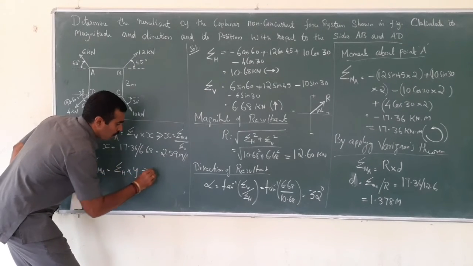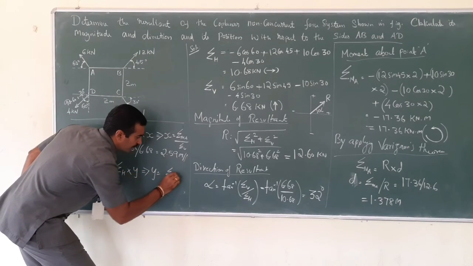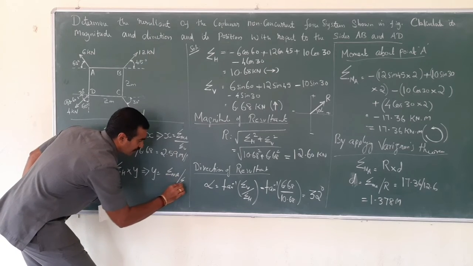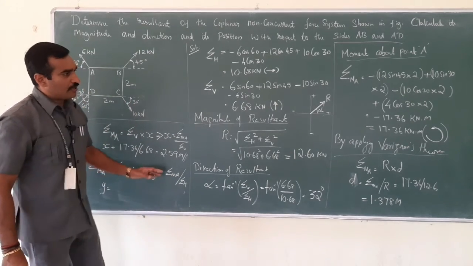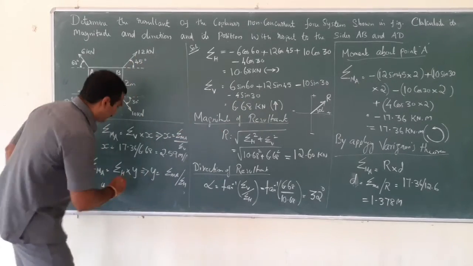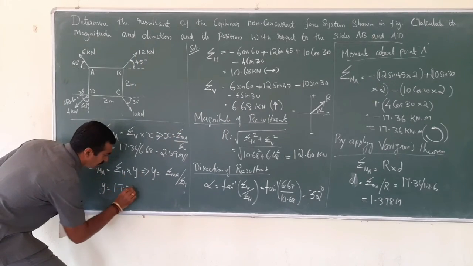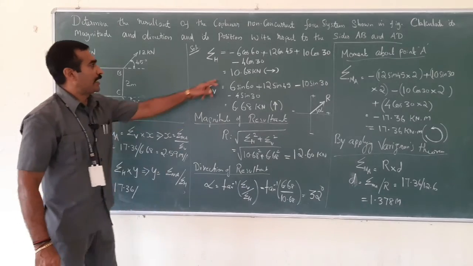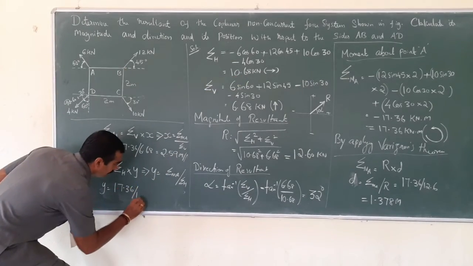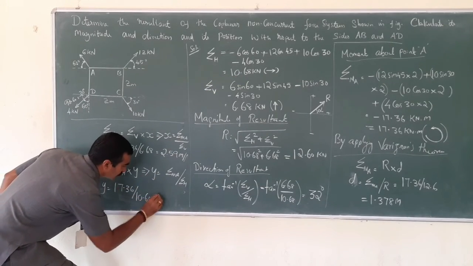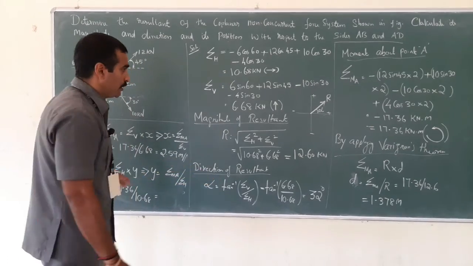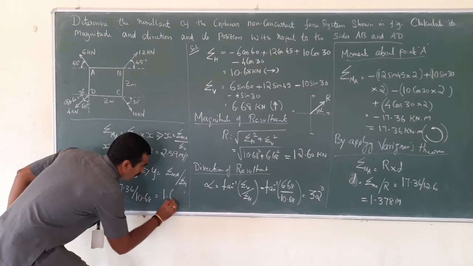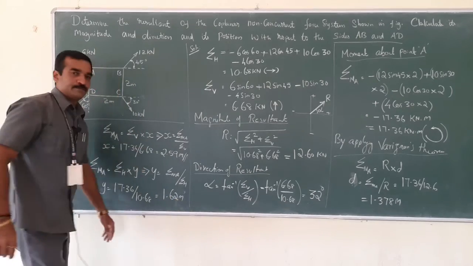So, Y is equal to summation of MA divided by summation of H, which is 17.36 divided by summation of H value 10.68. If you just feed these values in your calculator, you will get roughly 1.62 meter.